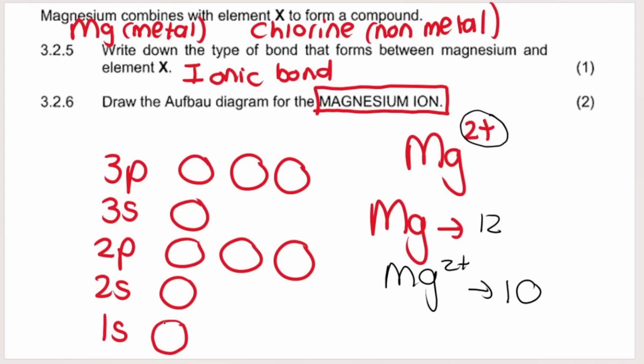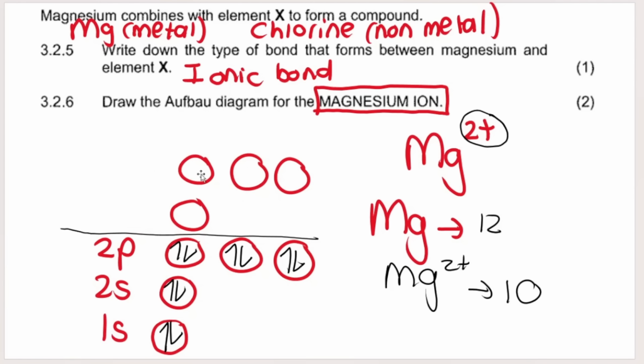So 10 electrons, it'll be 1, 2, 3, 4, 5, 6, 7, 8, 9, 10. And we have a complete outer energy level full there. Energy level 2 is my highest energy level, and we do not need energy level 3, so we can get rid of that.